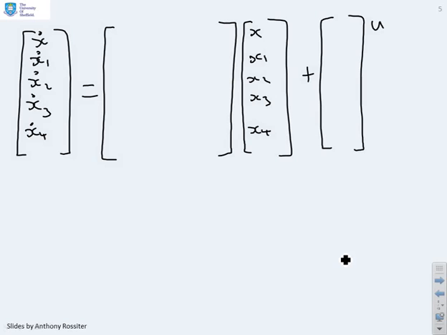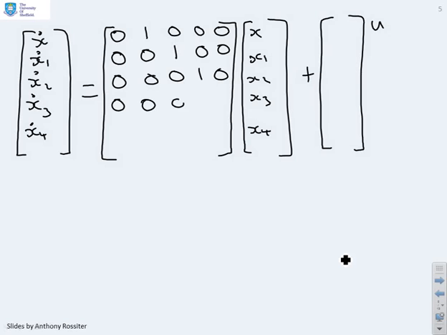So x dot was given by x1, so I'm going to get 0, 1, 0, 0, 0. x1 dot was given by x2, so I get 0, 0, 1, 0, 0. x2 dot was given by x3, so we get this, and x3 dot was x4.